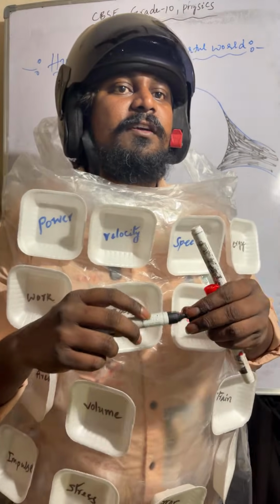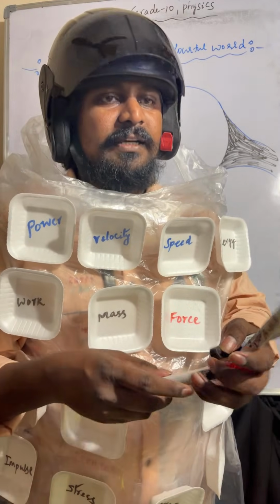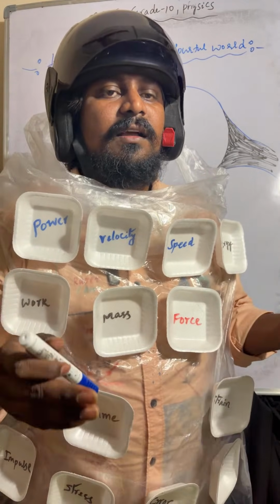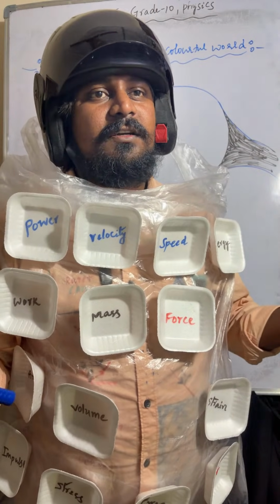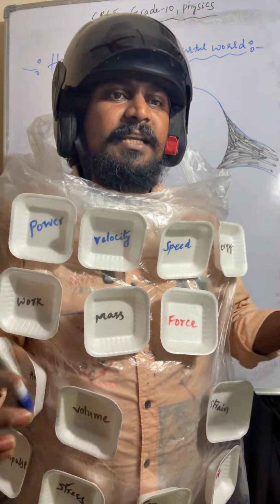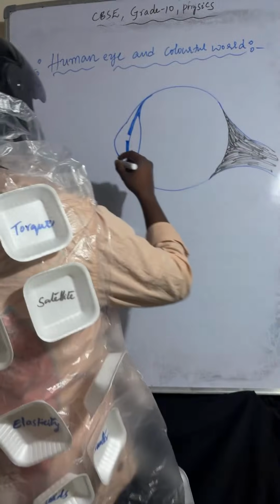The front layer, the protective layer of the eye, is called the cornea. Cornea is the front protective layer of the eye. Most of the refraction takes place at this part. So here you can see this is the cornea.